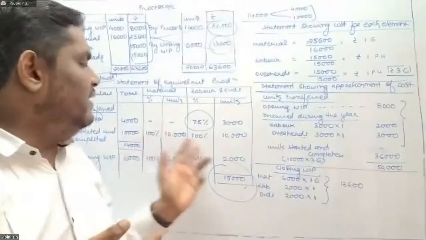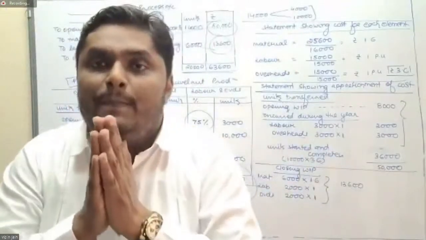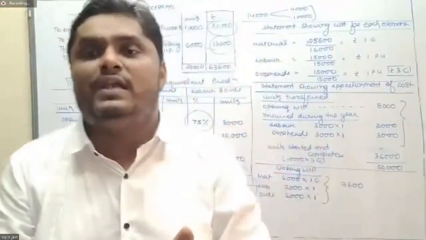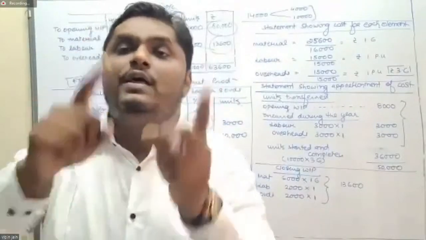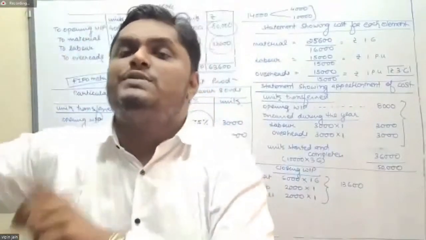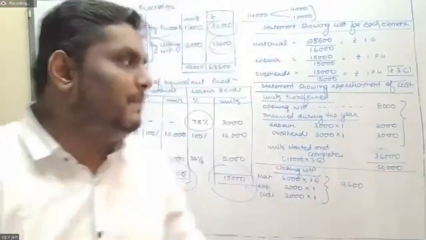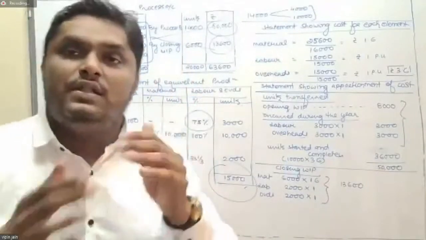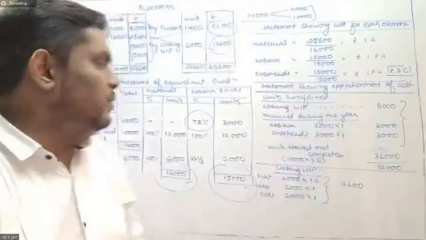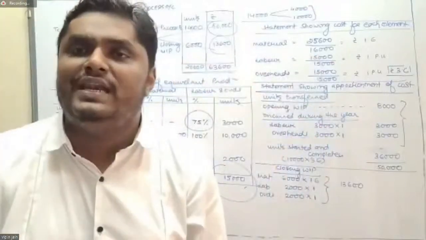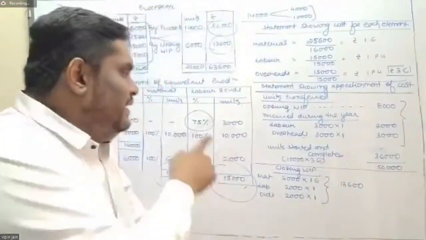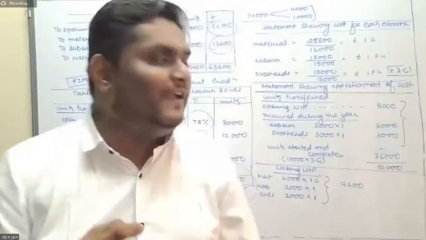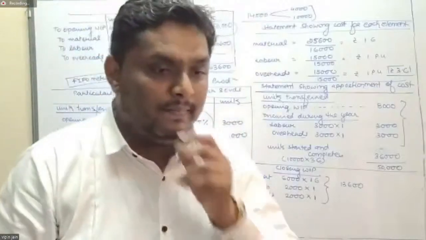If in a particular process the units are not 100% processed, they will be closing work in progress. So I repeat again, the units are transferred to the next process only when they are 100% complete. Since the 4,000 units of opening work in progress were already completed up to a certain extent, the balance work conducted during this year is only on labor and overhead, the remaining 75%.